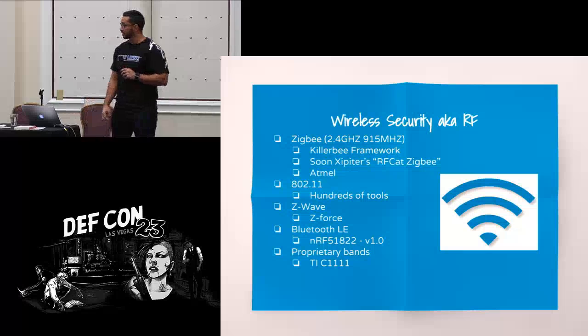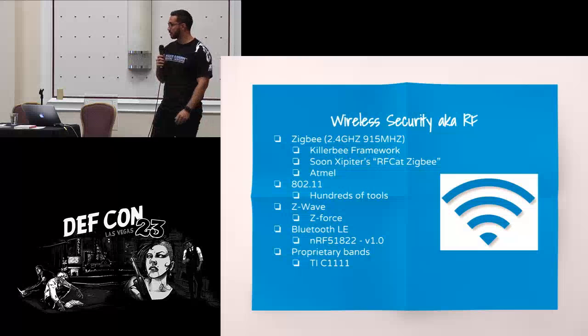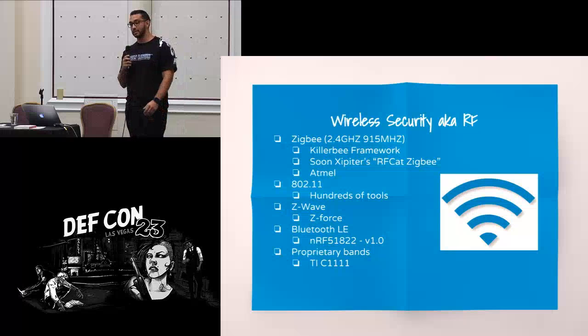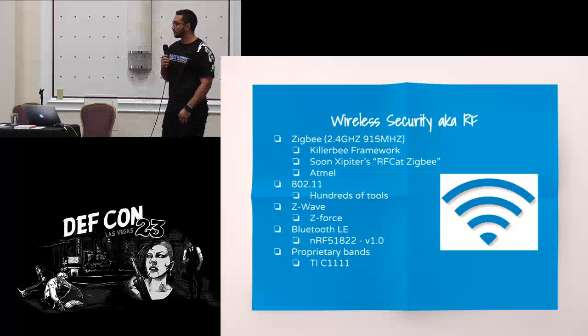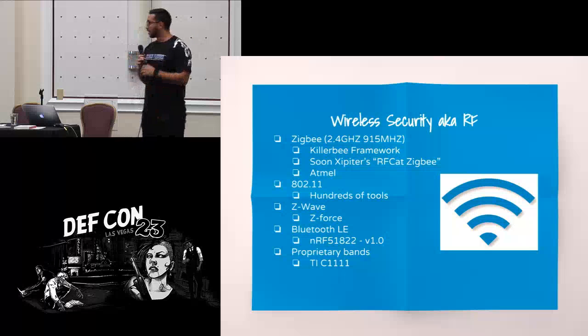And as far as the attack surface is concerned, you have wireless. You have Zigbee, and you have tools like KillerBee. There's actually another tool that released yesterday for Zigbee research. I retweeted it on Twitter, but I totally forgot what the name is.